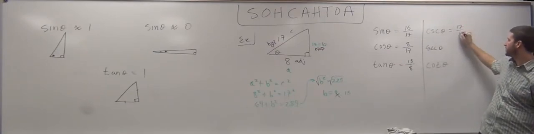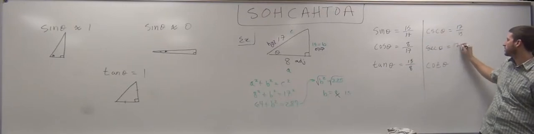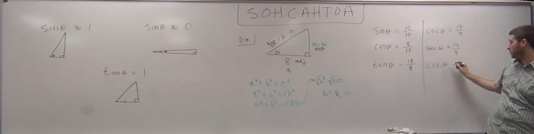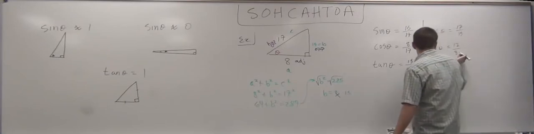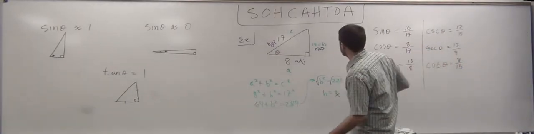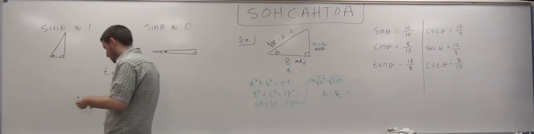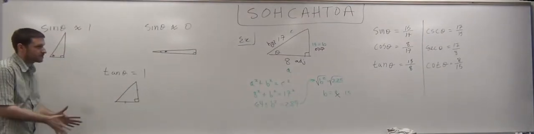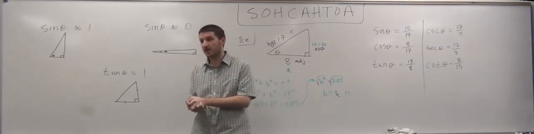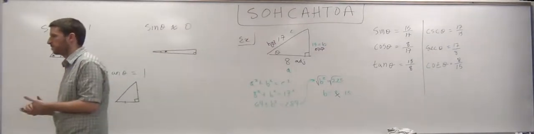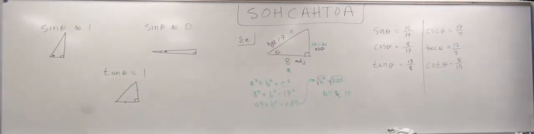So this will be 17 over 15, 17 over 8. So those are my 6 values of the trig. So those are good. Questions?